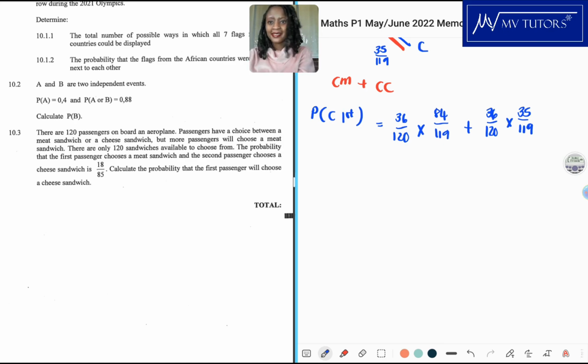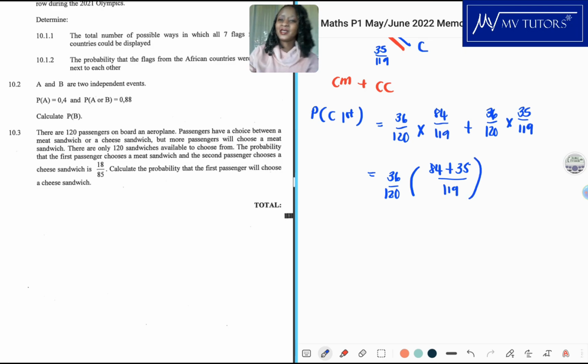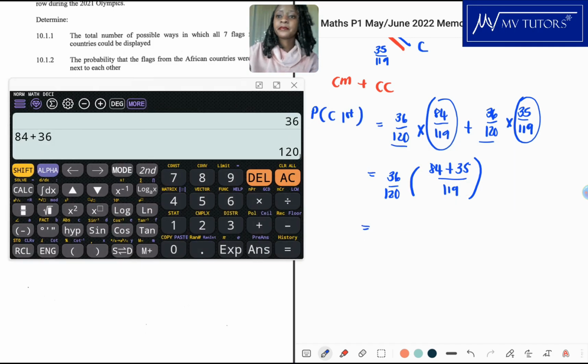My hands are even tired. We've been at this. Okay, I'm going to take out the common factor here: 36 over 120, times 84 plus 35 over 119. I took out this common factor and was left with this plus that. They have the same denominator, hence 84 plus 35, sorry.